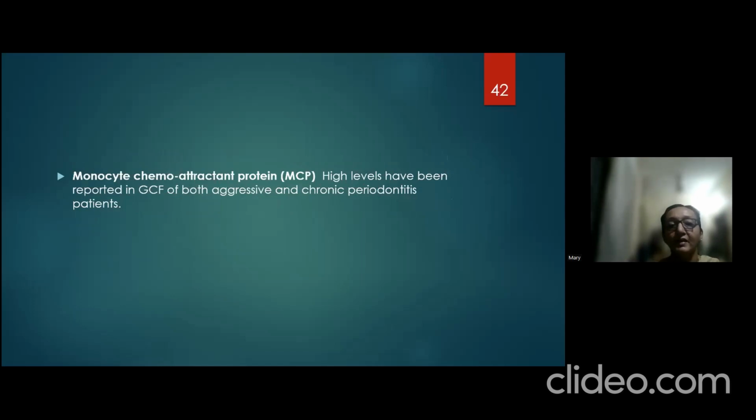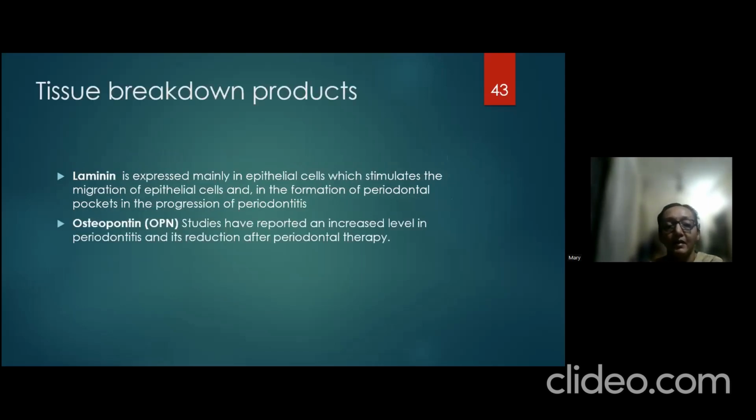And monocyte chemoattractant protein: high levels of the MCPs have been reported both in aggressive periodontitis and in chronic periodontitis patients. Now coming to the tissue breakdown products, which include laminin and osteopontin.